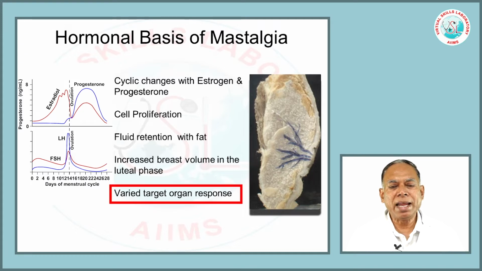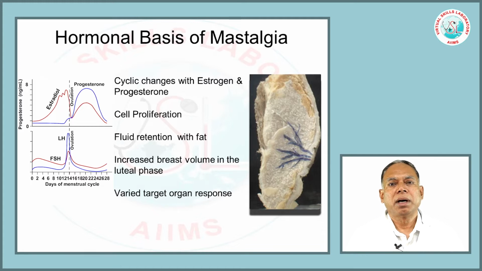Moreover, there is varied target organ response, that is to say, under the same level of estrogen and progesterone, different cells of the ductolobular tissue respond differentially to these hormones.